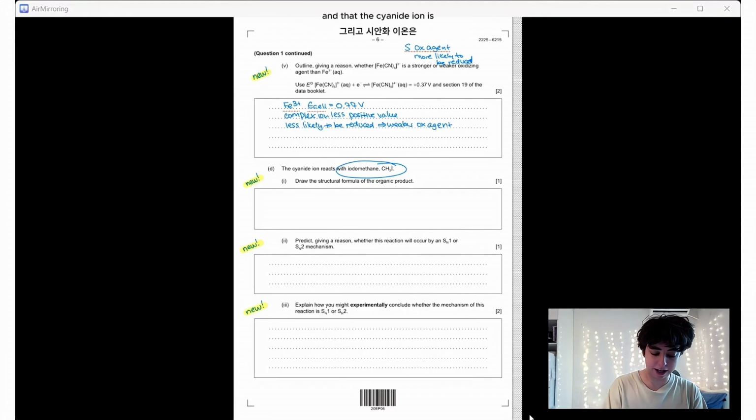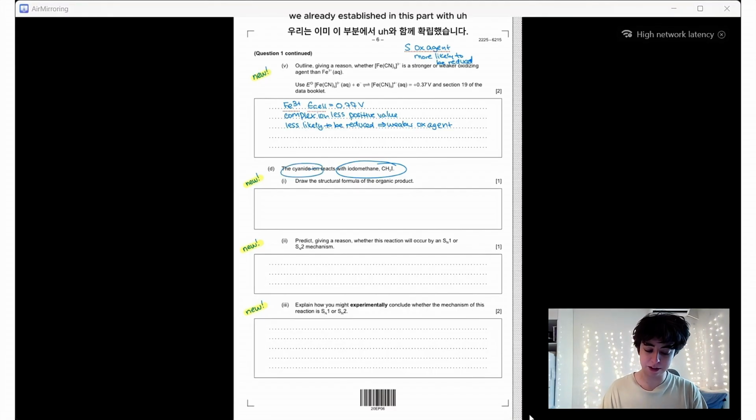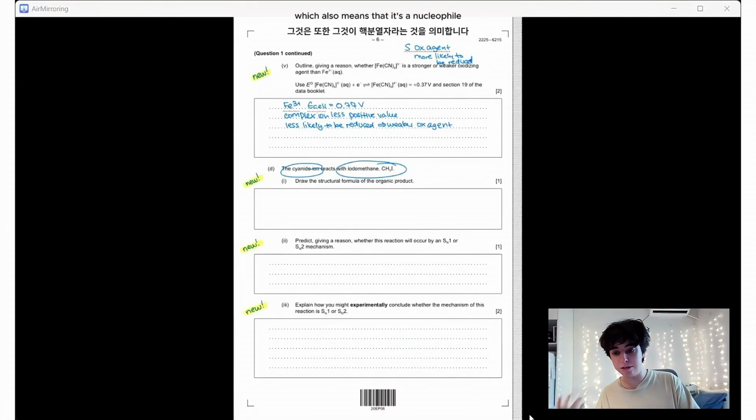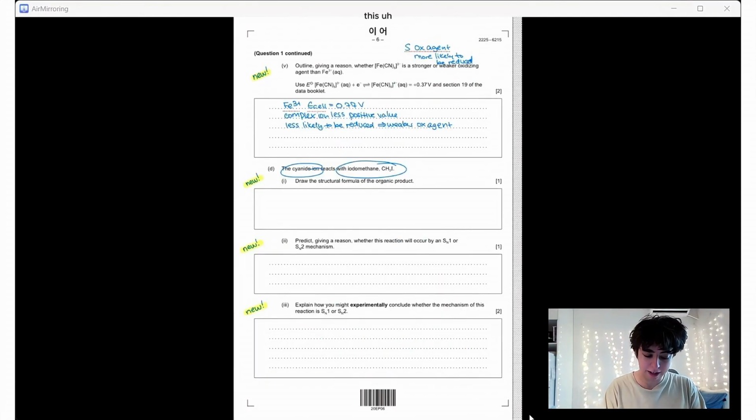And that this cyanide ion, we already established in part C, was a Lewis base that's going to donate its electrons, which also means that it's a nucleophile. This iodomethane is CH3I.